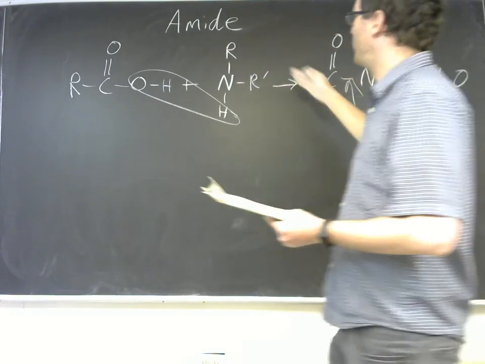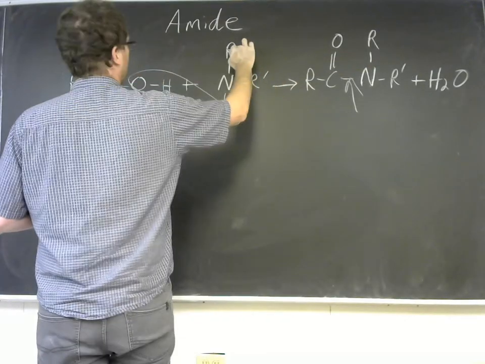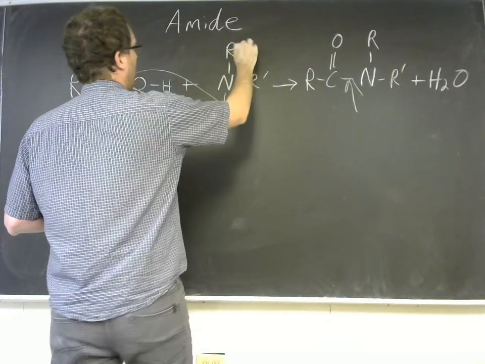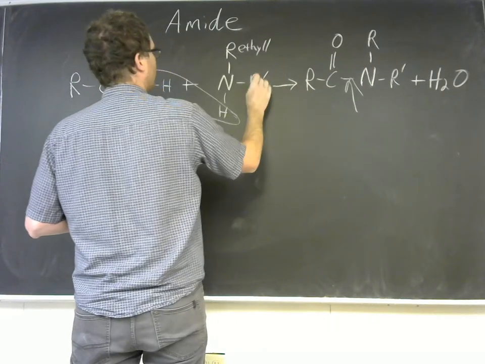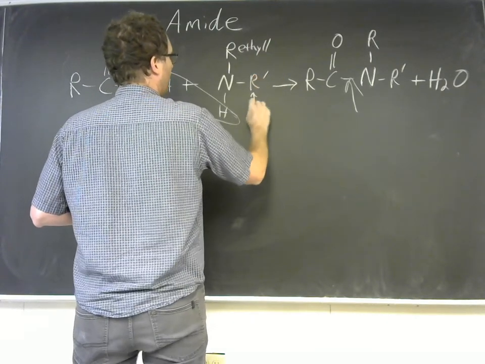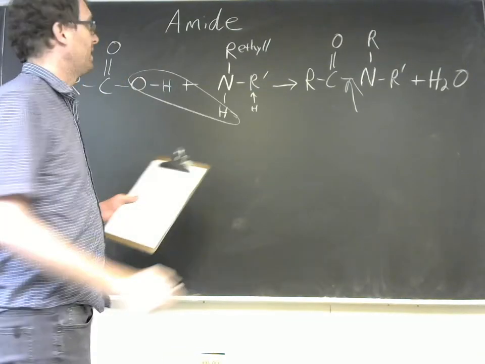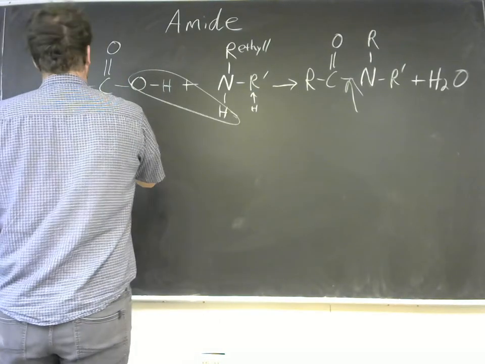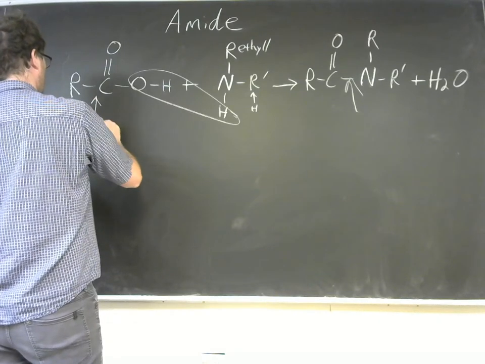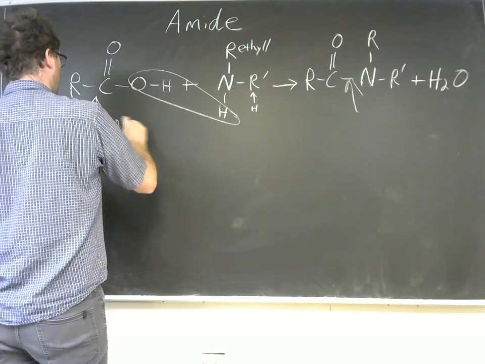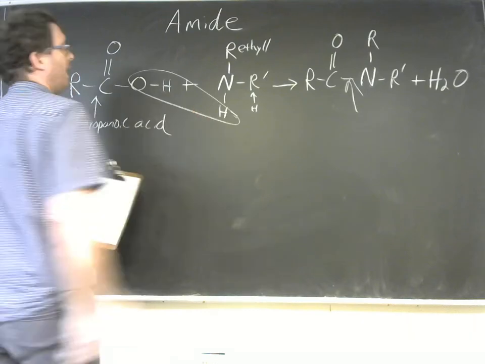So let's suppose this is an ethyl group. And let's say R' is just another hydrogen, so we used a primary amine. And let's say that this is propanoic acid.